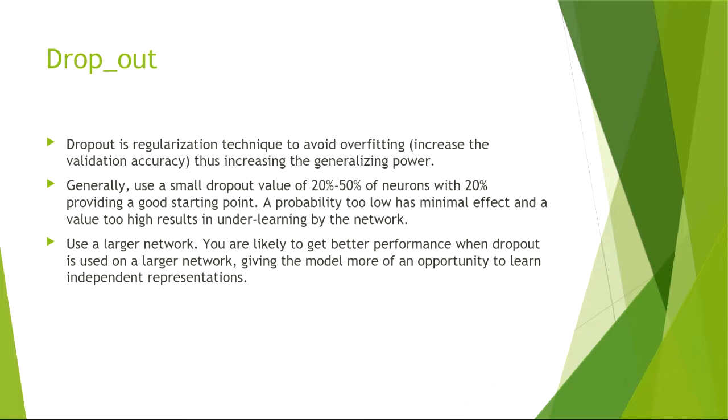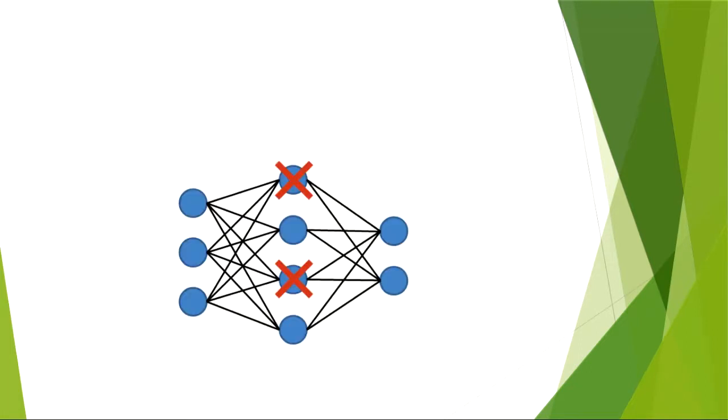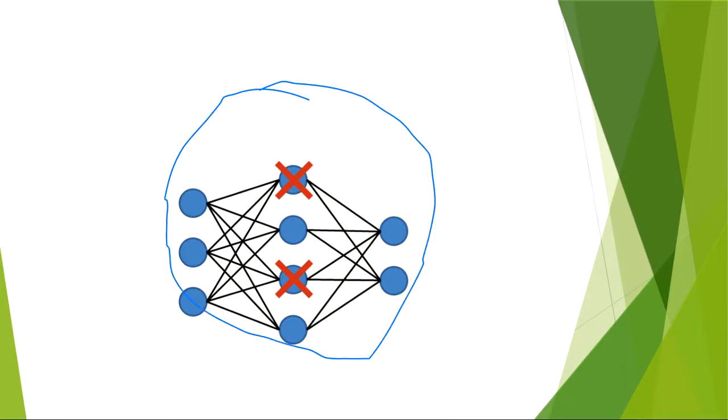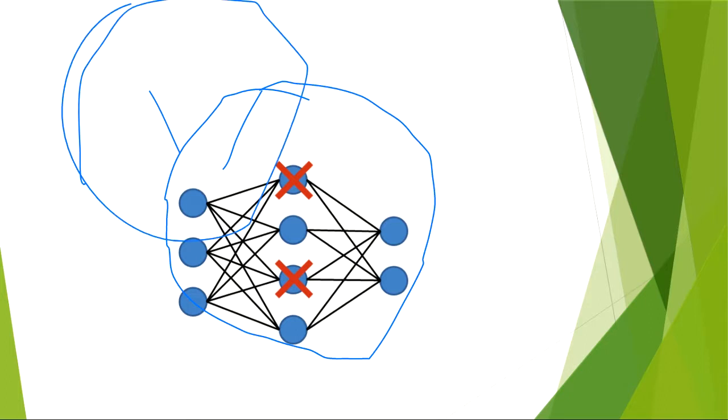Now I talked about dropout rate. First let me show you the diagram of a neural network, and these are your hidden layers. This one is one layer, this is the second layer, this is the third layer.